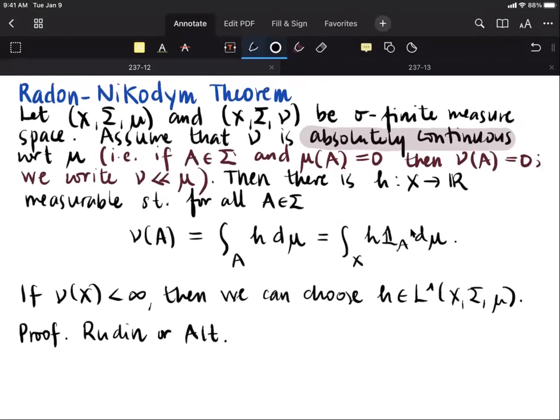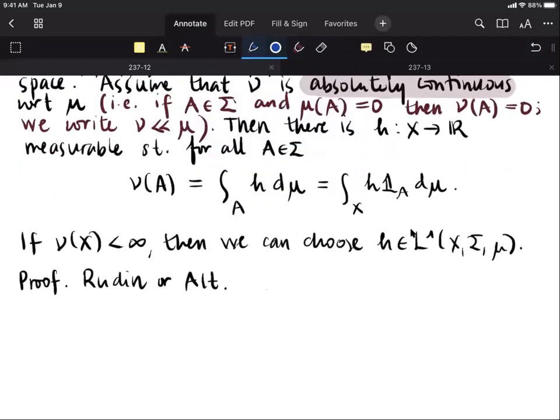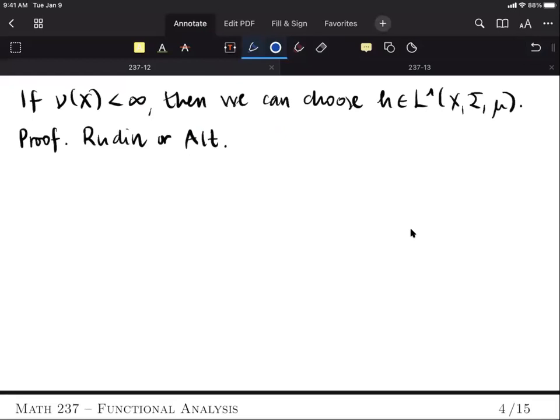Okay, so with these two theorems, the Riesz theorem and the Radon-Nikodym theorem, we are now in position to prove the Riesz-Fischer theorem that characterizes the dual of L^p.